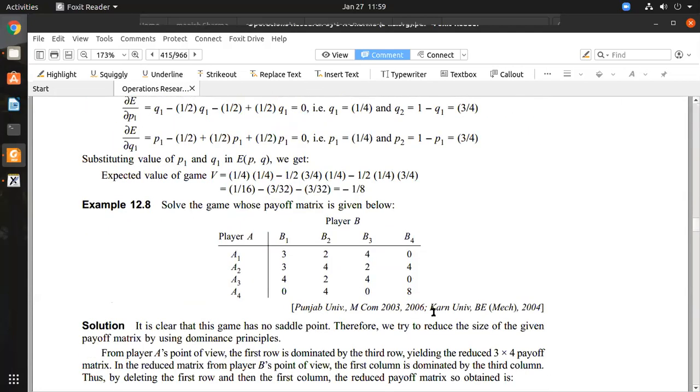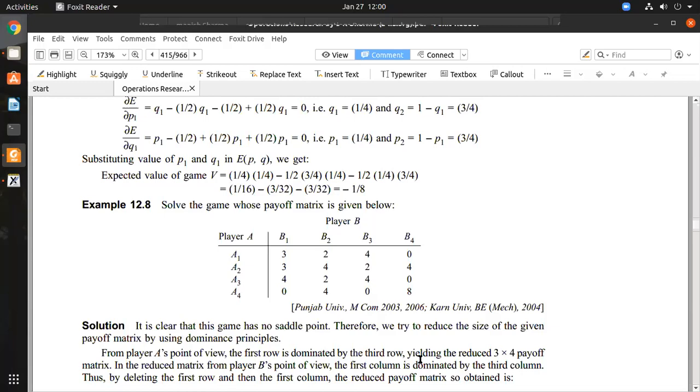Okay, let us take this question. This question came in several universities. You can see Punjab University MCOM paper in 2003, 2006, Karnataka University BE mechanical paper in 2004. So let us take this. Since I do not have it, let me see if I can find that book. Or else we can take one problem from your JNT also. I have this book of previous question papers.